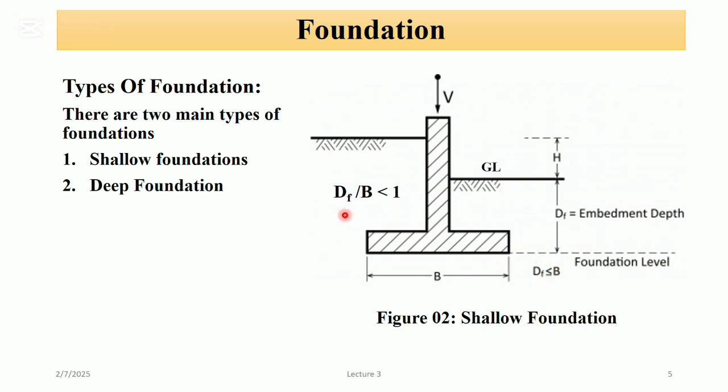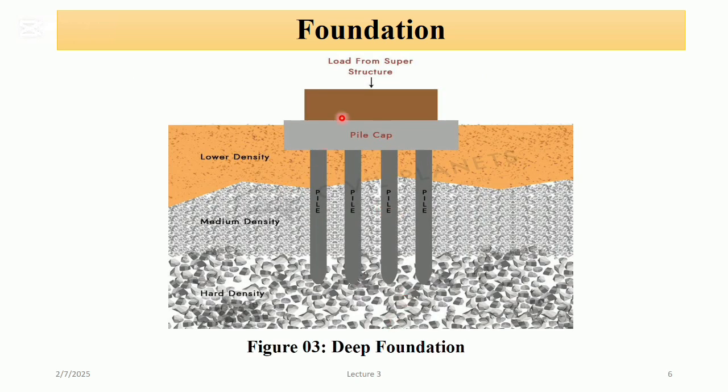Or we can say that the depth to width ratio should be less than 1. Deep foundations are that type of foundation in which the length to width ratio should be greater than or equal to 4.